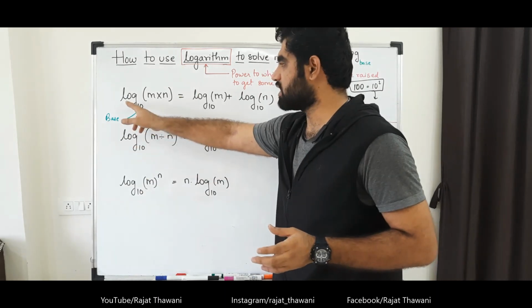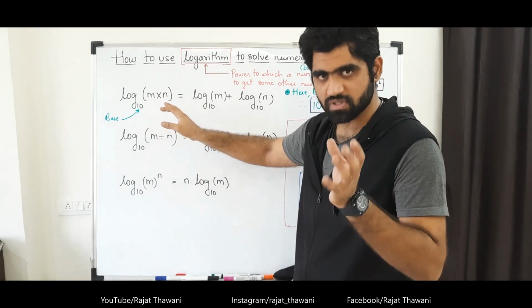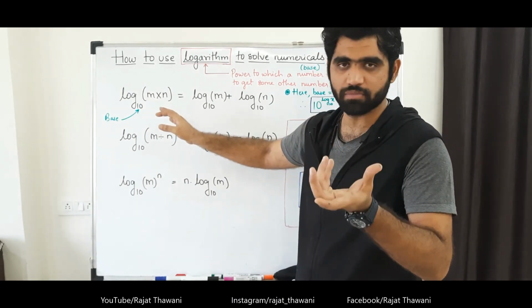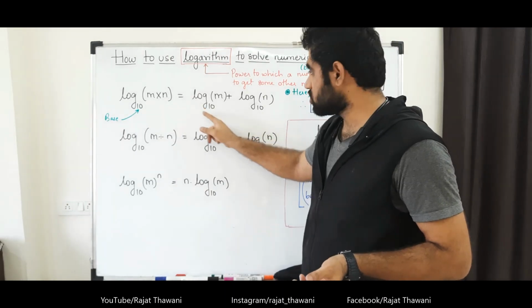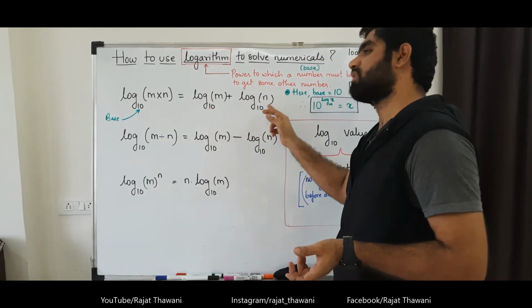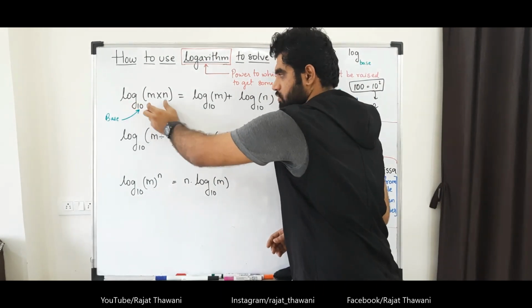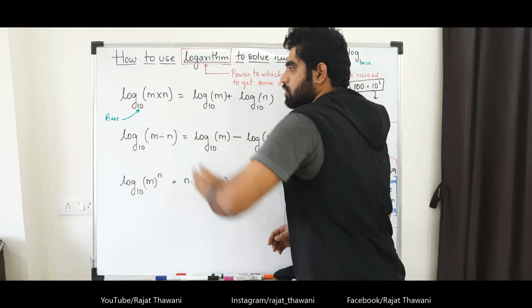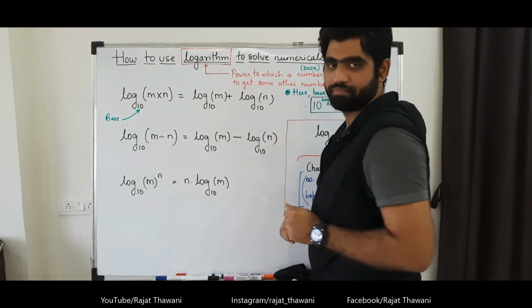So it is observed that log to the base 10 of m into n, where m and n are just variables that can be replaced by any numbers, is equal to log to the base 10 of m plus log of n. It means when I take log of this number, m into n, that will be equal to the log of m plus log of n.